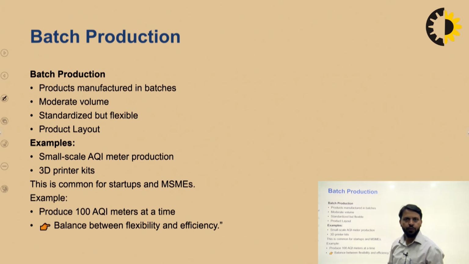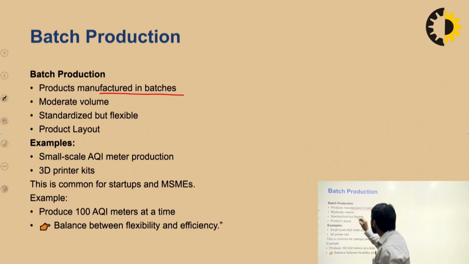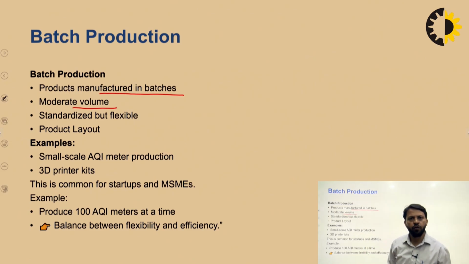Now comes batch production. Think of a stage where you have established your prototype and now you are ramping up your production system. So you are going to make a few more products or services, and that can be considered in batch production. In batches of moderate volume, that means you have increased the volume of your product.